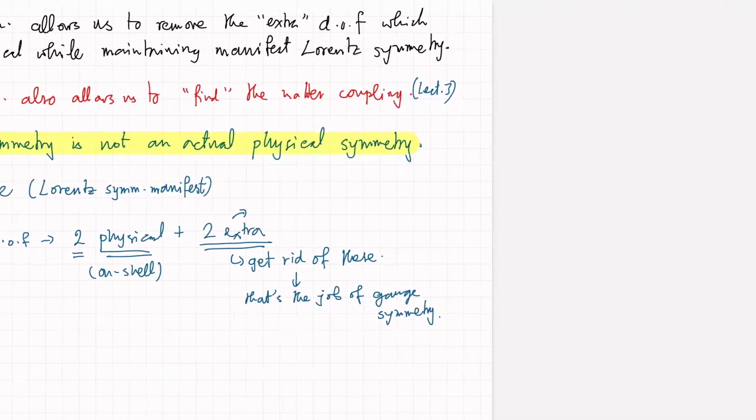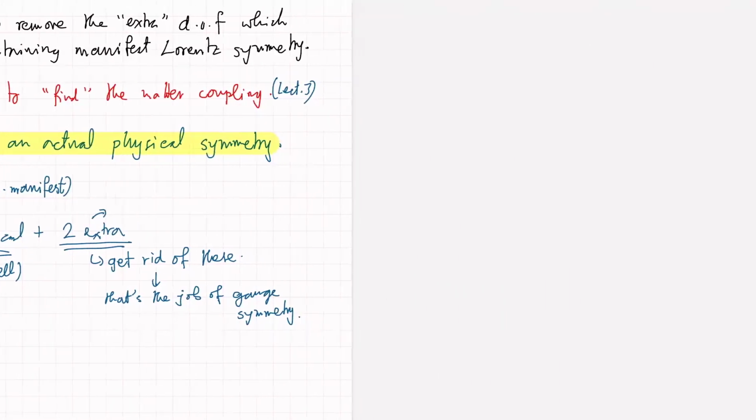Okay, so to belabor this point that the gauge symmetry is not an actual physical symmetry, there is a very short calculation that you can do to convince oneself of this, which is to try and do the Noether procedure for this gauge symmetry.